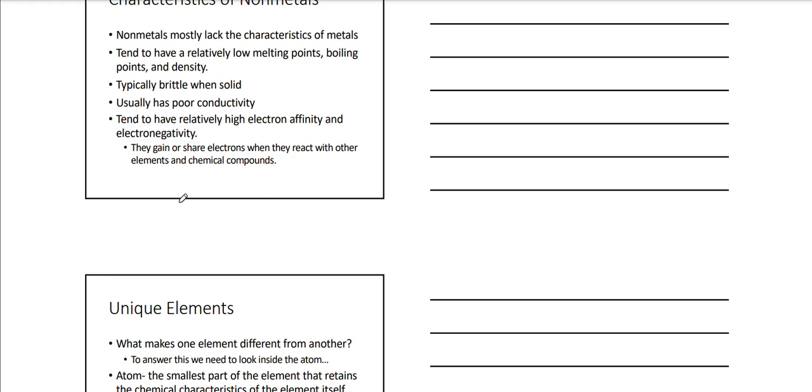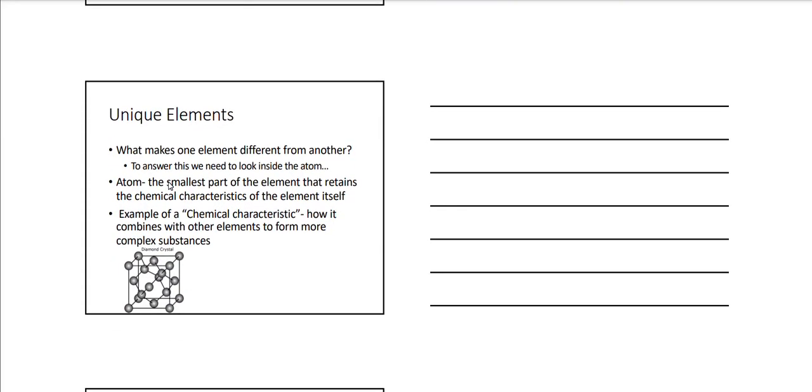Specifically, it means the gain or share of electrons. They gain or share electrons when they react with other elements. What it means at the same time is they never lose electrons. Like oxygen, carbon, fluorine, they always gain electrons. They never lose electrons. So that's why they tend to have either ionic bonding with the elements that always lose electrons, like group 1 or group 2, or form covalent bonding if they are forming diatomic molecules.